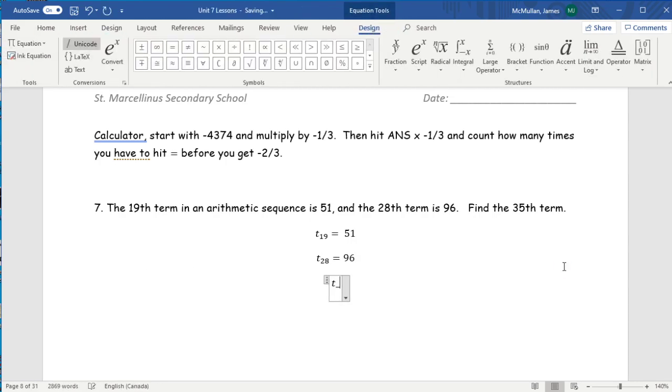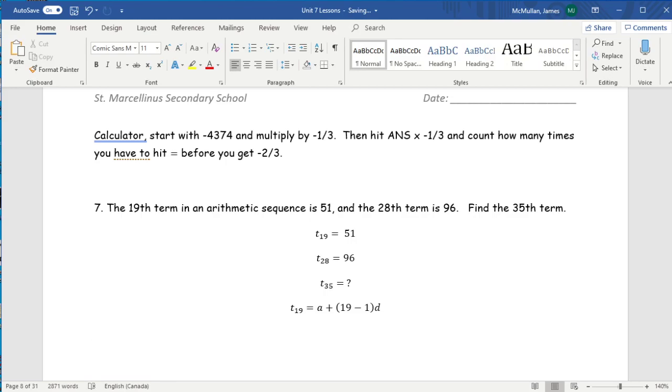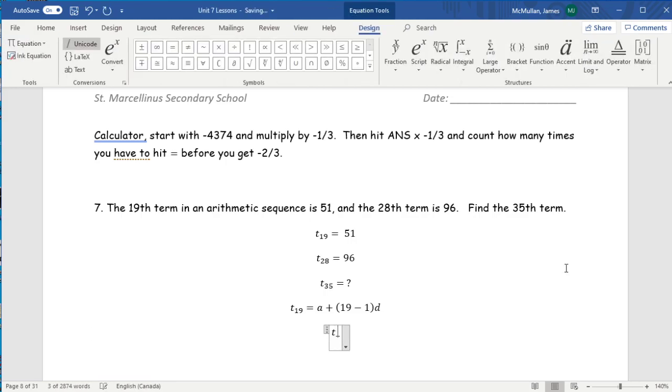What is the 35th term? So how do we do this? We know that term 19 is equal to a plus n minus 1 times d. We also know that term 28 is a plus 28 minus 1 d.